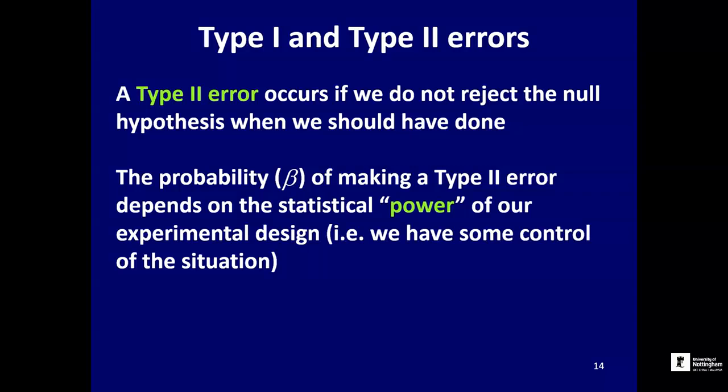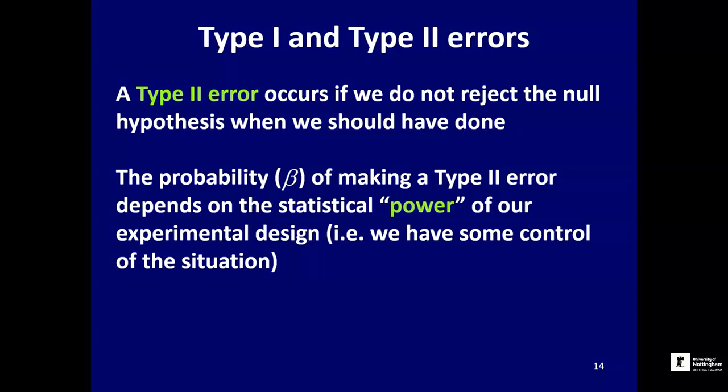And essentially beta depends on the statistical power of the test that you've got. So if you've got a really big sample size, a really powerful statistical test, then the chances of you failing to reject the null hypothesis when you really should have done are going to be very small. So in that sense, as an experimenter, we have some control over beta.